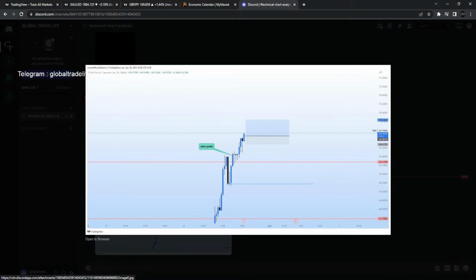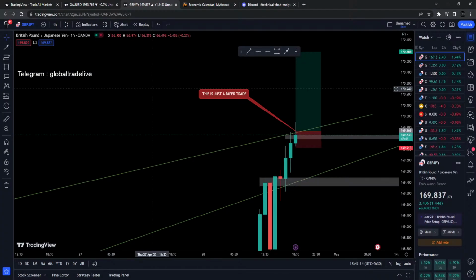Okay, there is another chart. Entry point over here. This is 30-minute. Okay. Then you had two bearish candles. Okay, now I get your point.